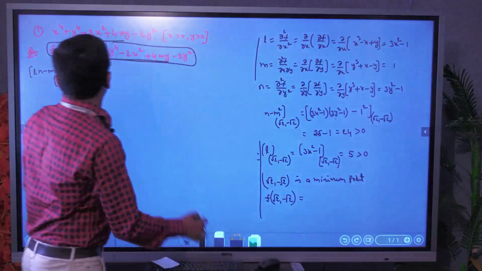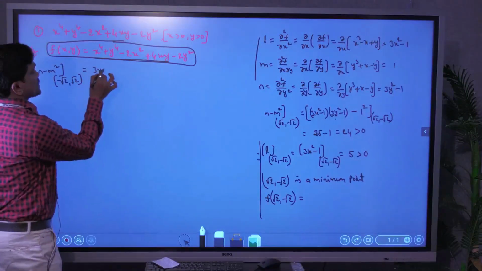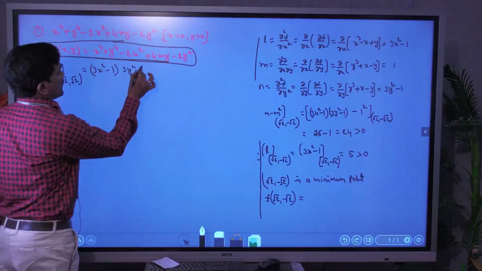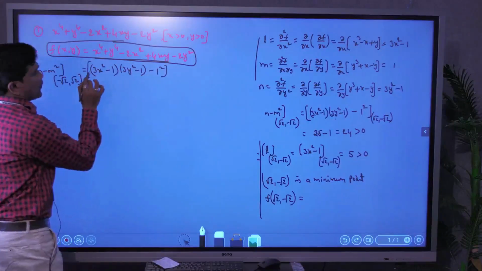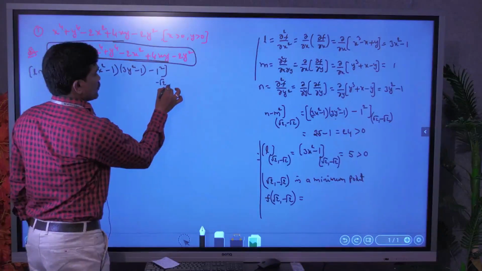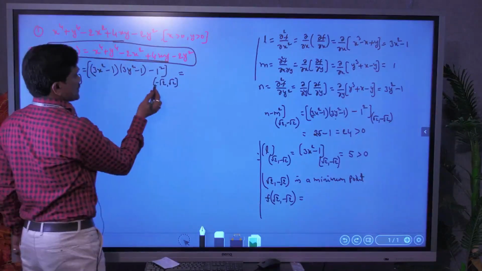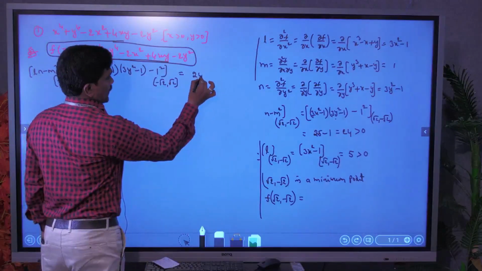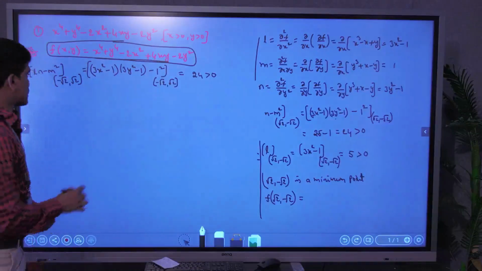See, 3x square minus 1, 3y square minus 1, ln minus m square. Okay, now at minus root 2 comma root 2, substitute in this, so minus root 2. Then clearly we get 24 greater than 0 for ln minus m square.